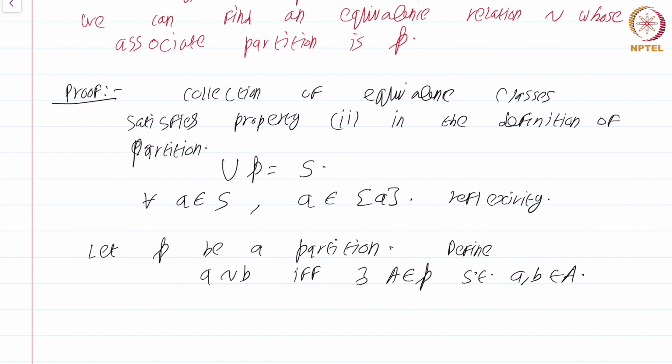It will consist of several sets which are subsets of the given set S. I put the relation that A is related to B if and only if there is some element in the partition, in other words some subset which is present in the partition, such that both elements A and B belong to it.